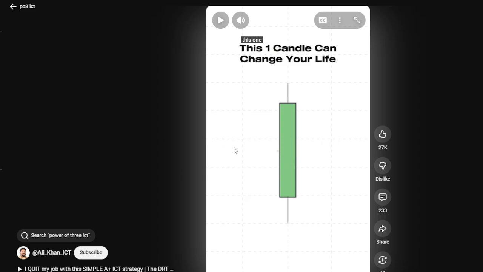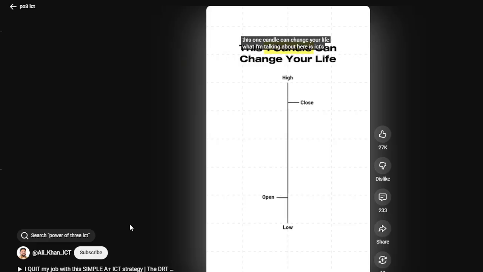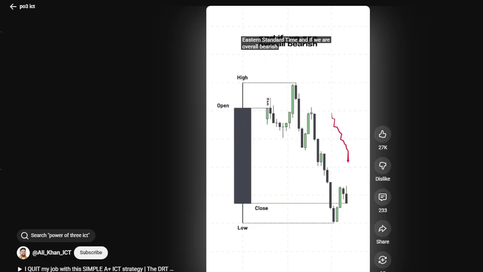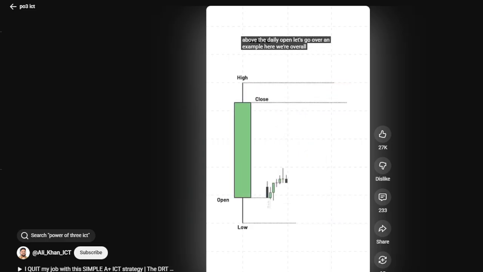Let's play it. One candle can change your life. What I'm talking about here is ICT's power of 3, where if we are overall bullish, we focus on buying below the daily open, which is 12 a.m. New York Eastern Standard Time. And if we are overall bearish, we focus on selling above the daily open. Let's go over an example. Here, we're overall bullish, so we need to look for a setup below the daily open.